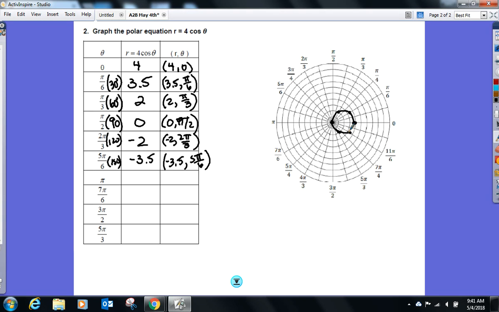And then for pi, what are you getting for pi? Pi is negative 4. And what do you notice now? We've already graphed it, right? So let's keep going. Yep. Seven pi over 6. Let me know what value you get out there.